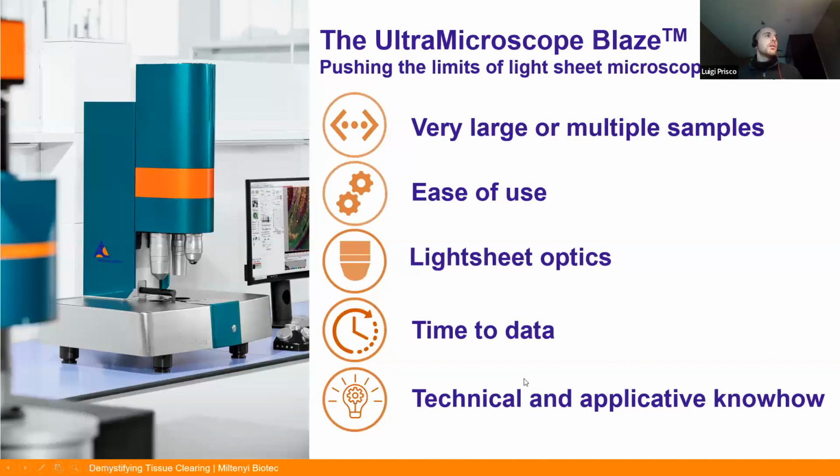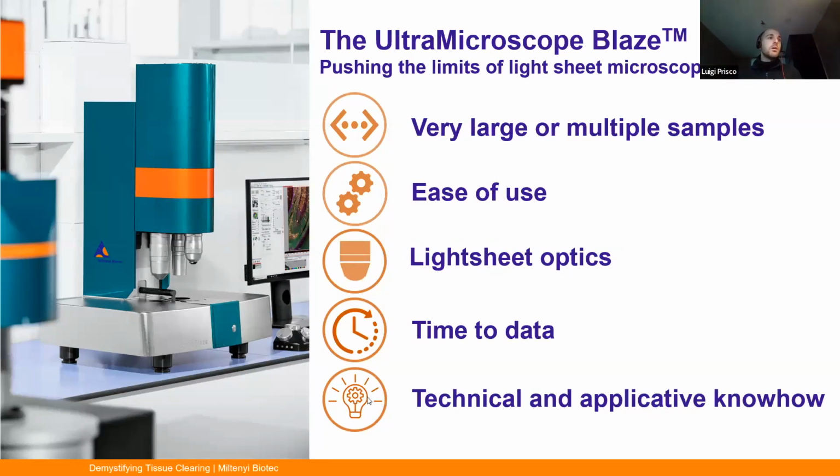If we focus on our instrument, depicted in this slide, you have what we believe are the strengths of the system: the ability to image very large or multiple samples. The system is extremely easy to use thanks to a very intuitive software and a lot of automated functions, dedicated light sheet optics, of course, and then a new feature, which is time to data.